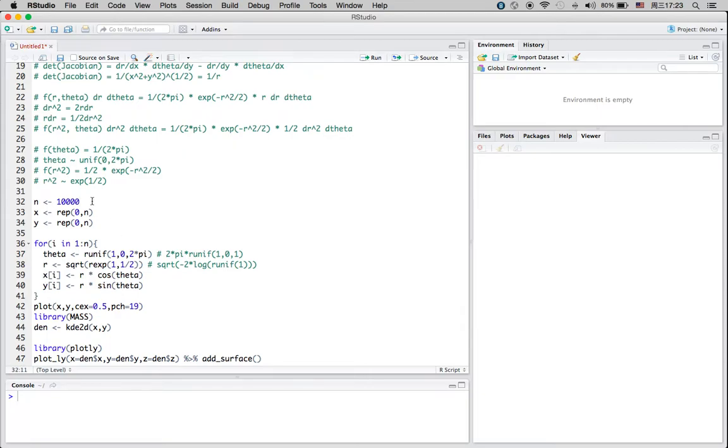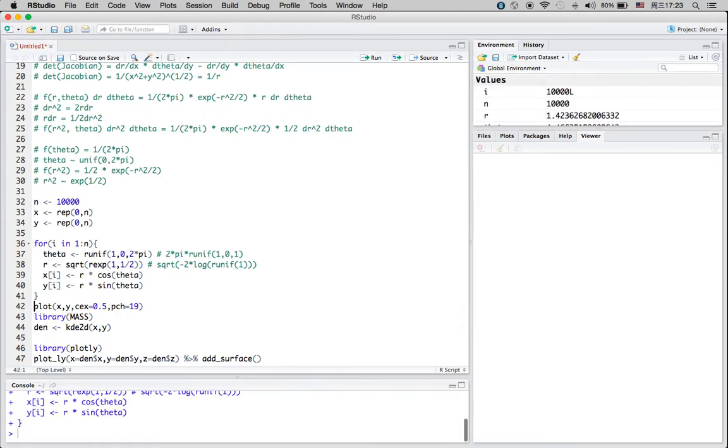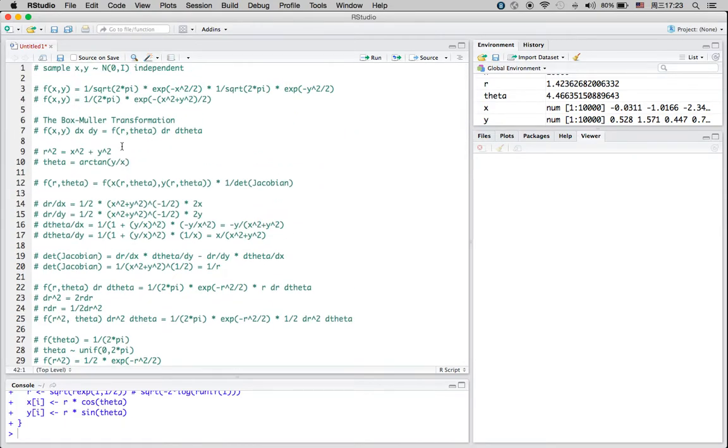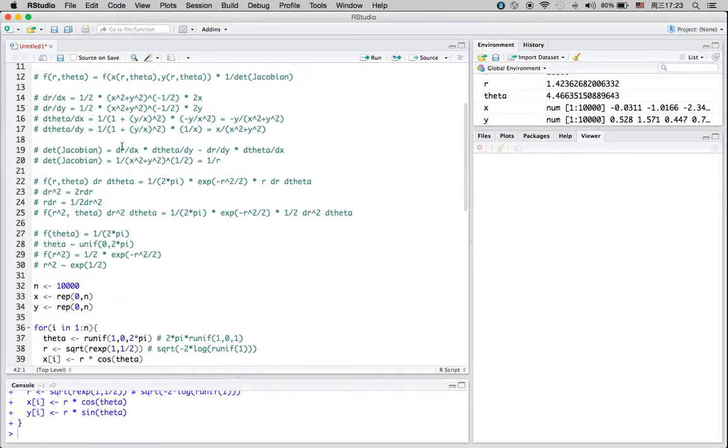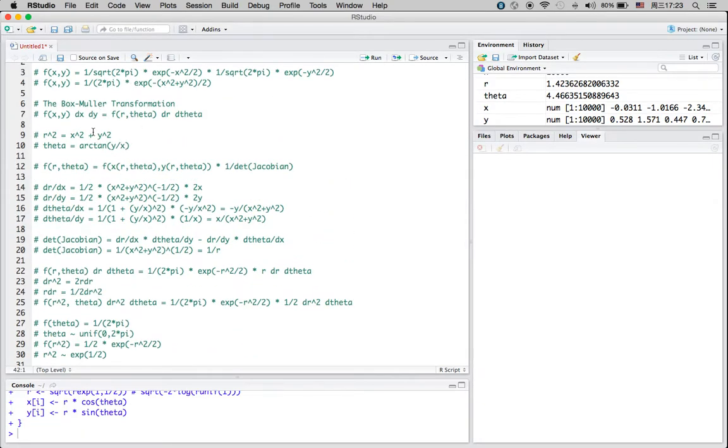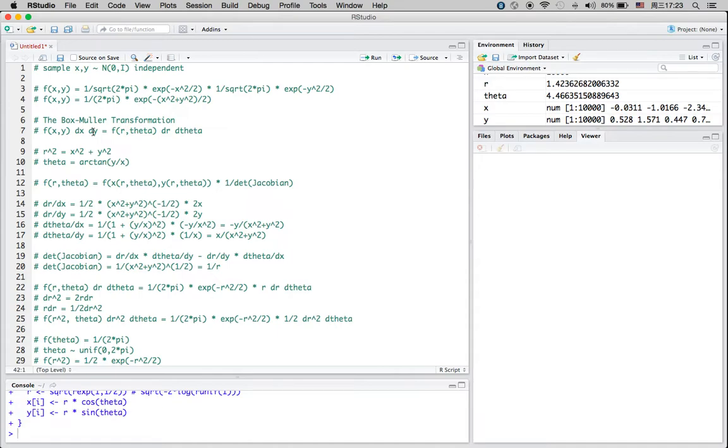Now let's run the code, and we generate 10,000 random samples from the bivariate standard normal distribution. Although there are lots of built-in functions in R that do the same thing, here I'm just going to talk about the logic or the algorithm behind this function.